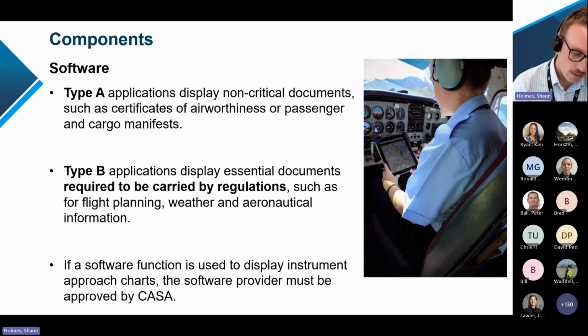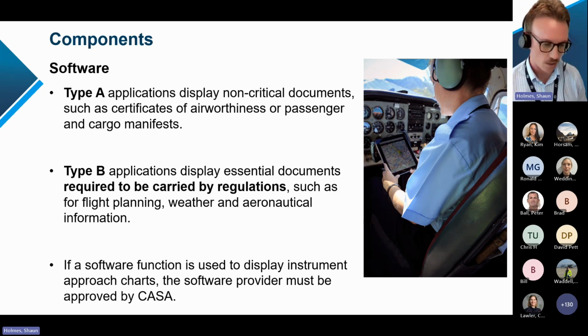And if you're using a software application to display instrument approach charts, then that particular software application does need to be approved by CASA as well, which when we're looking at some of the common providers, it's likely that they are approved by CASA to be able to display that information as well.